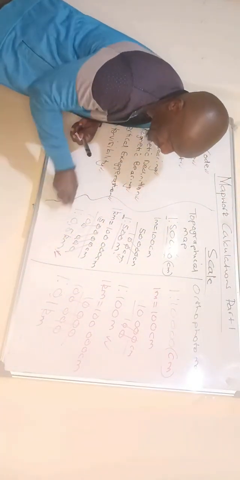If it's orthophoto, it changes from 1 is to 10,000 centimeters to 1 is to 100 meters. That is in meters. And if you have got an answer that is in kilometers, it means now you have divided your 50,000 by 100,000, which gives you 1 is to 0.5 kilometers. Yes, and 1 is to 0.1.